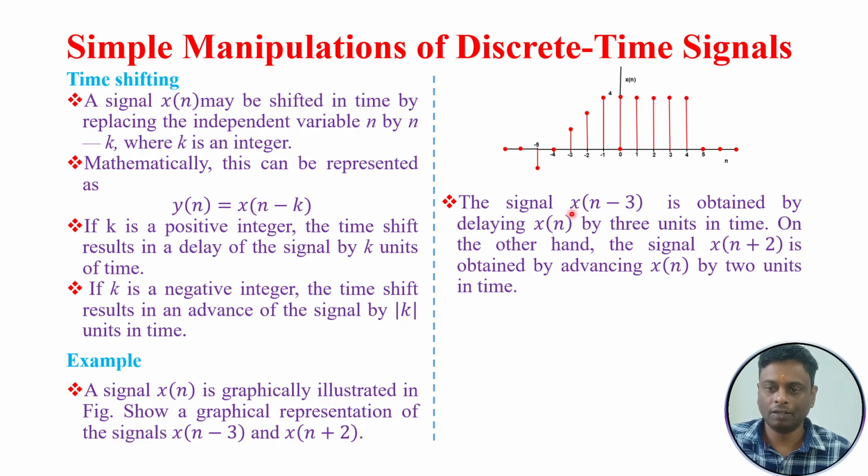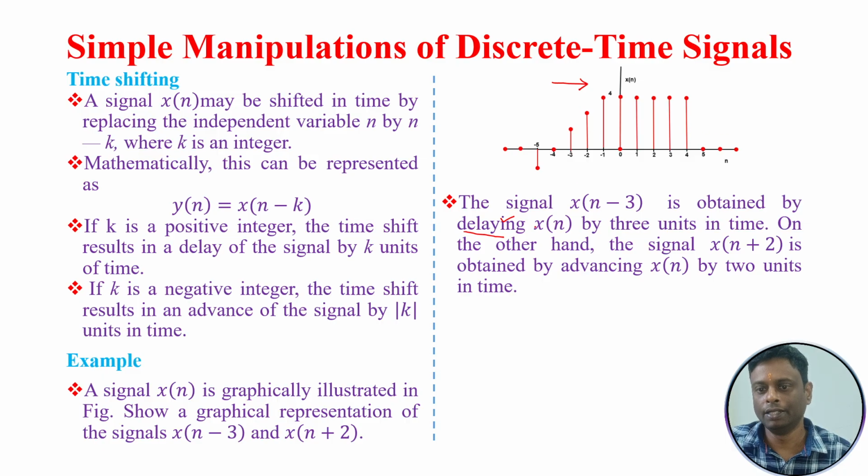Let us see first x of n minus 3. Here k is positive, and positive means you have to delay x of n by 3 units in time. Delaying means you have to shift the signal to the right by 3 units of time.